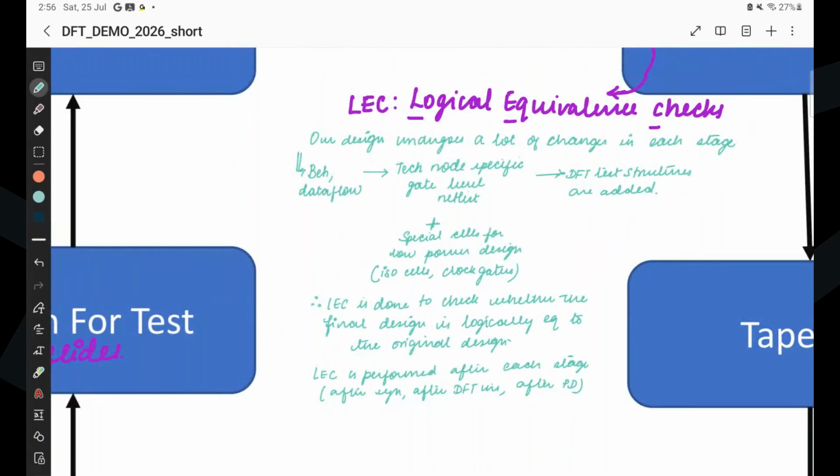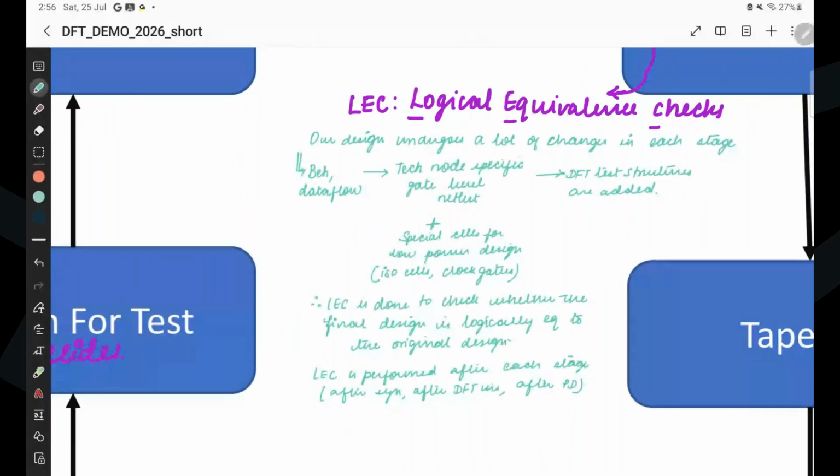So LEC full form is logical equivalence check. Our design undergoes a lot of changes in each stage. First we had the behavioral and data flow level model code, as we have seen in the ASIC flow slide, right? That got converted into a technology node specific gate level netlist. Then special cells for low power design like isolation cells and clock gators are added, and DFT test structures are added.